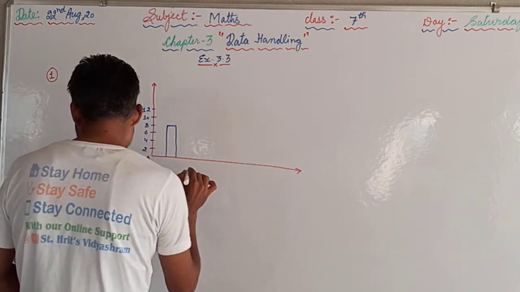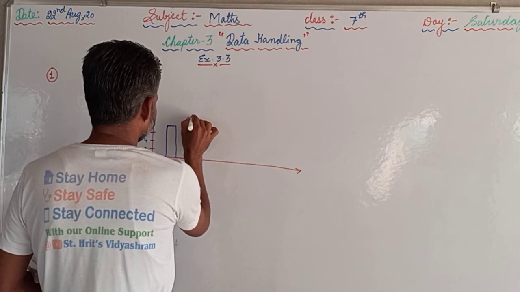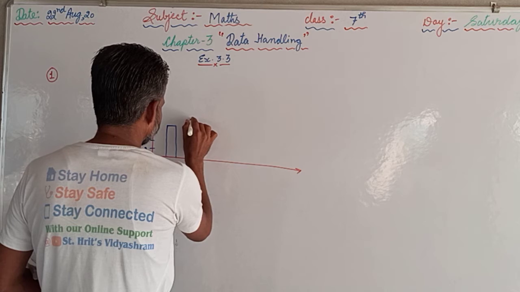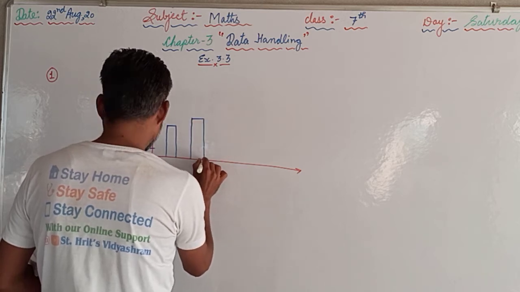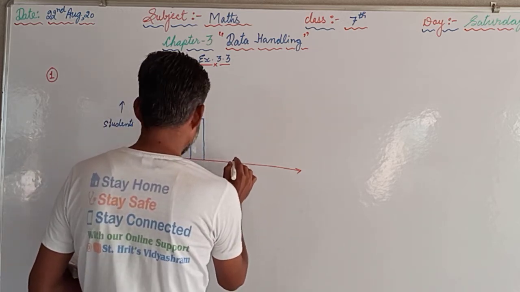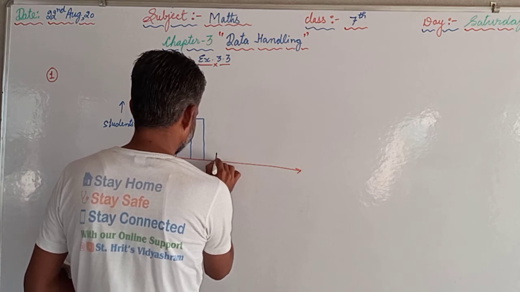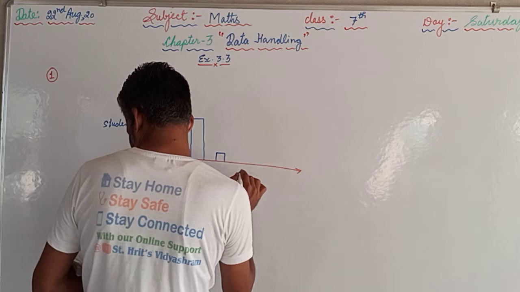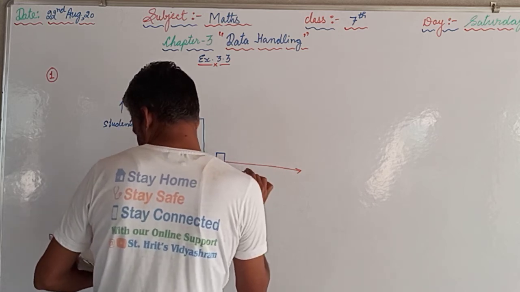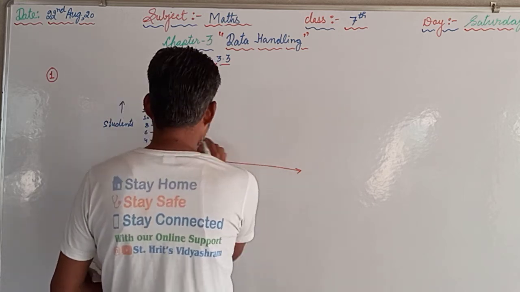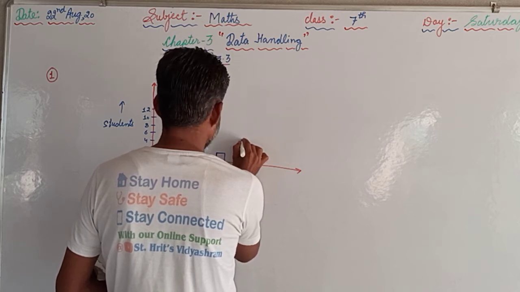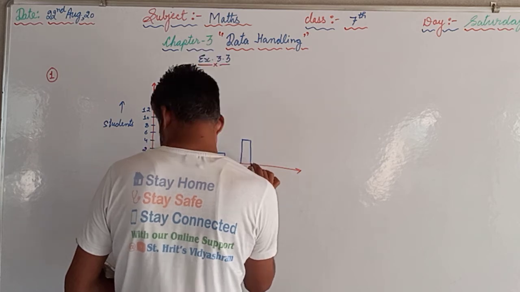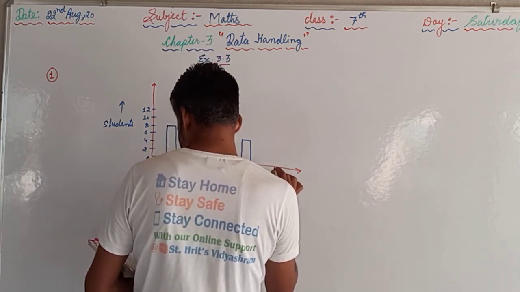Second one will be the cats. Third one will be the rabbits. Next one will be the hamsters. And afterwards the others.